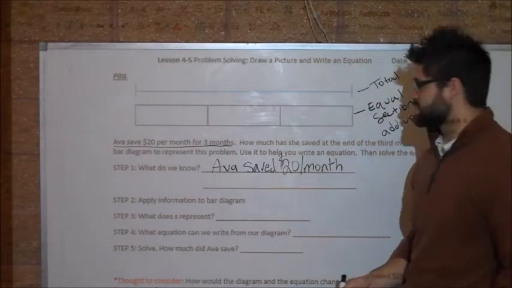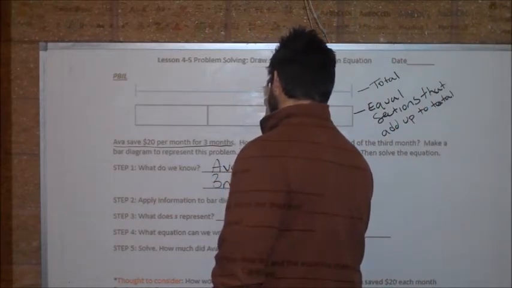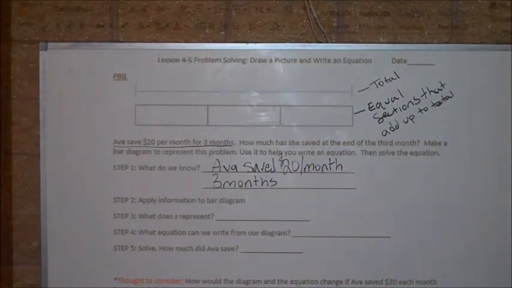And how long did she keep this up? For 3 months. Go ahead and fill in those blanks in your notes. We know that Ava saved $20 a month, and she did this for 3 months.